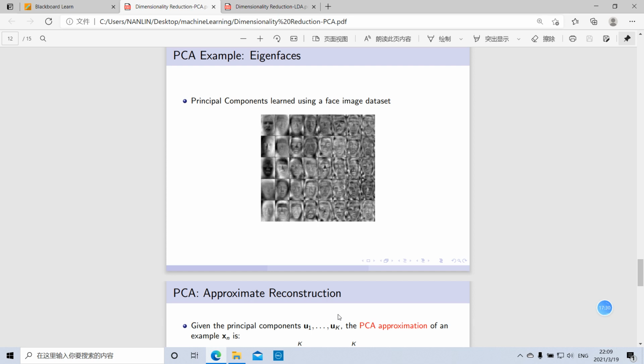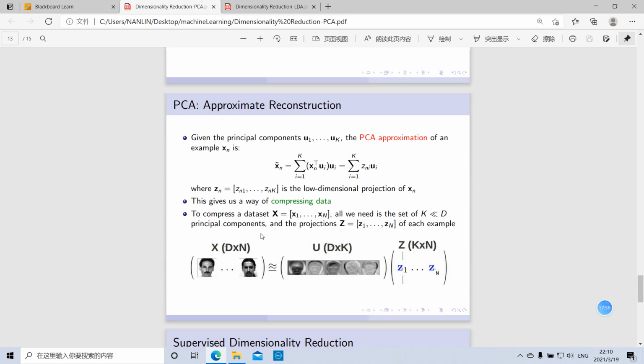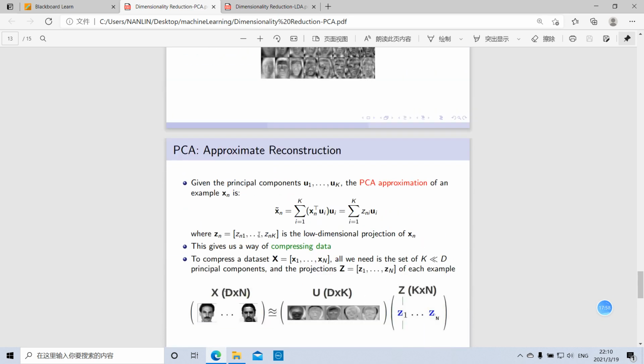Although we have a lot of dimensions, you will realize that to identify or recognize a person, we normally need probably fewer dimensions, especially in video. If we can use fewer dimensions, it would be much better. We call this reconstruction.